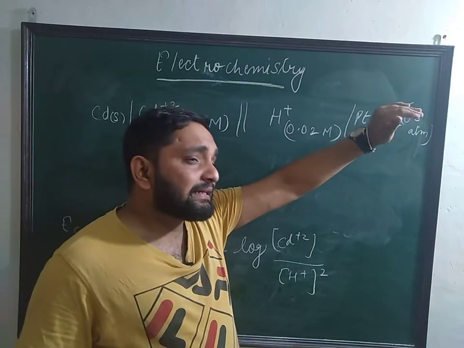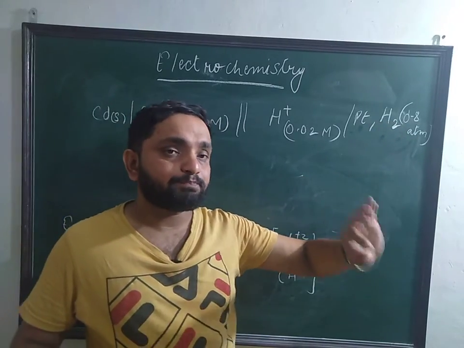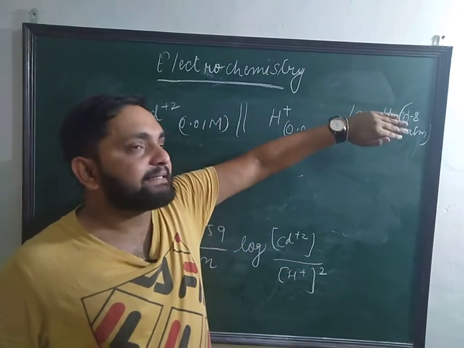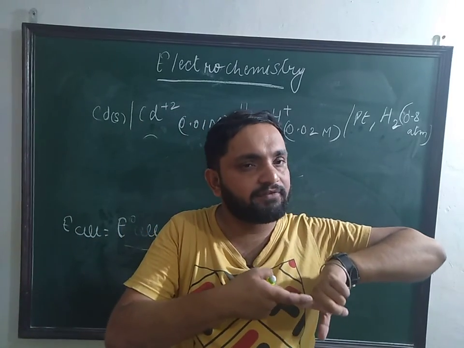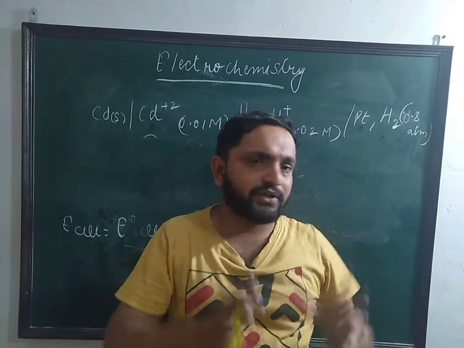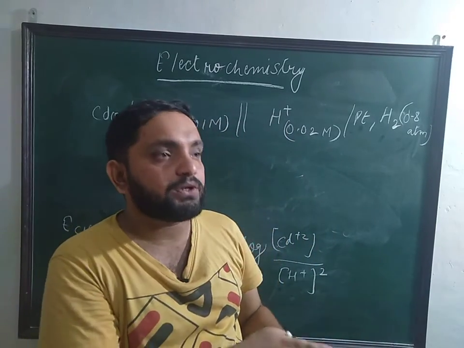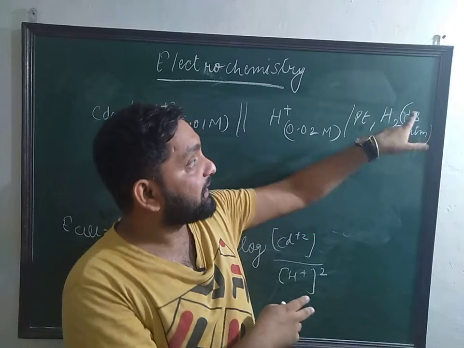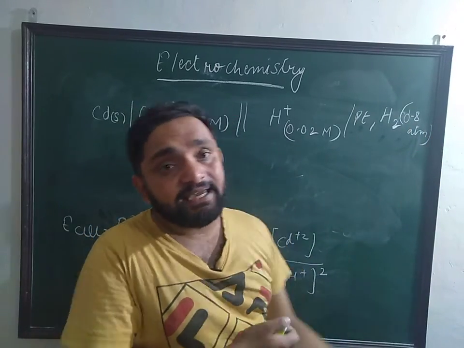Simple. What you have to keep in mind is, if the standard hydrogen electrode is behaving as a cathode, let us take a trick over here: you will have to multiply the pressure of hydrogen gas in the anodic region.